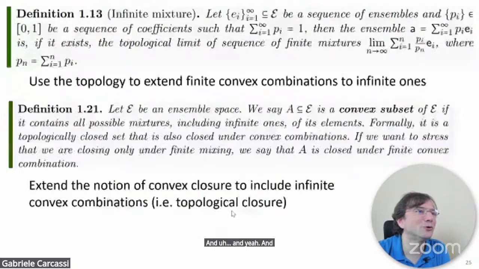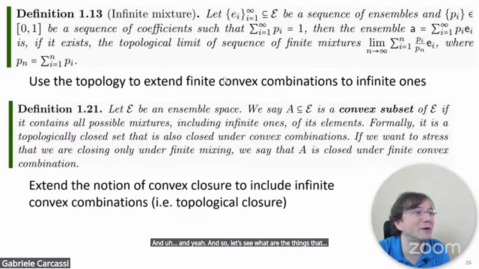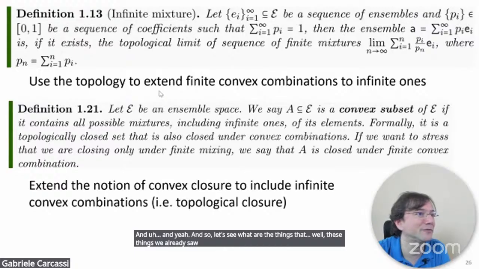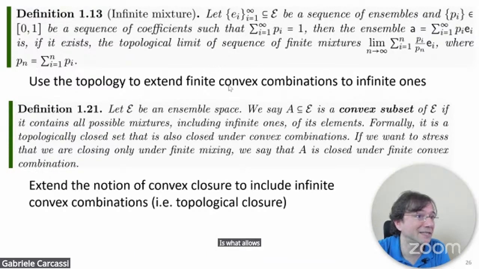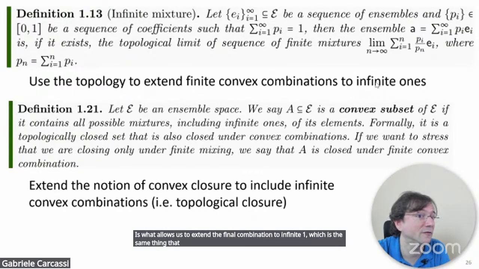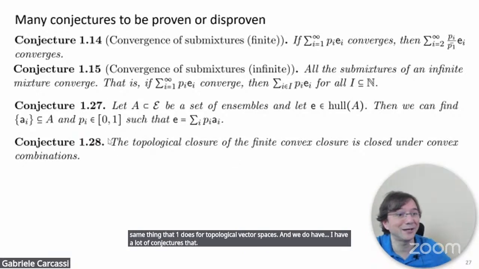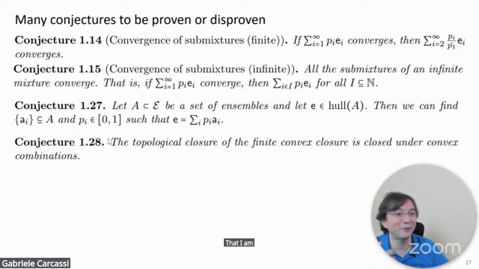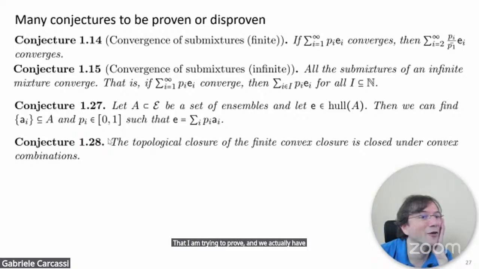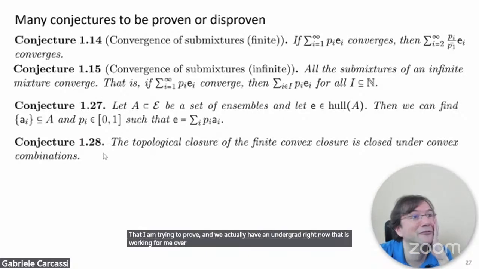And so, what we already saw yesterday is that the use of topology is what allows us to extend the finite combination to an infinite one, which is the same thing that one does for topological vector spaces. I have a lot of conjectures that I am trying to prove, and we actually have an undergrad working for me over the summer to see if we can prove them or not.